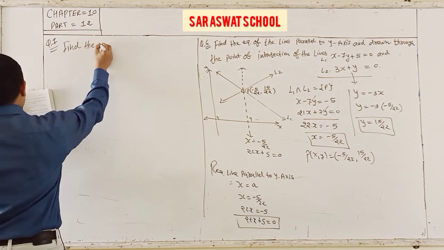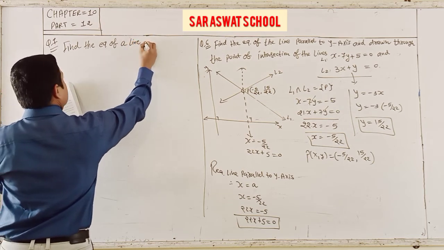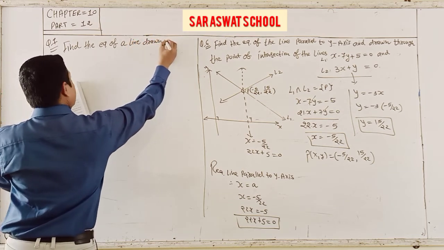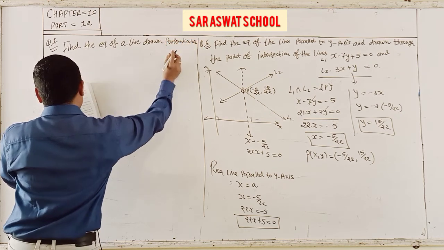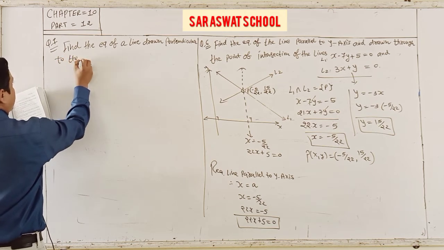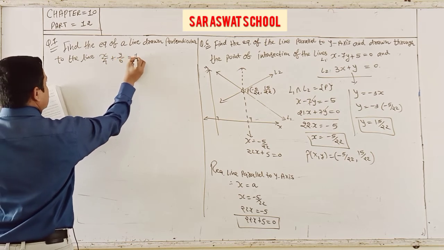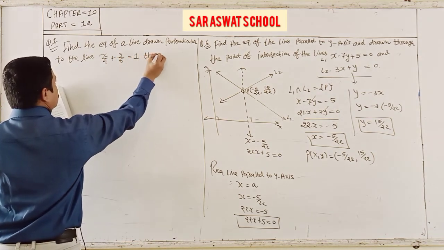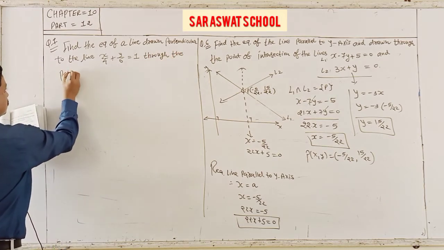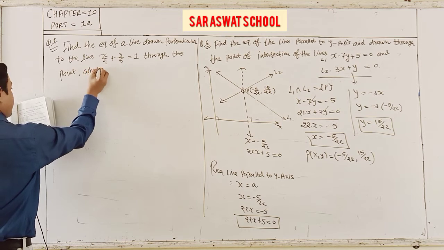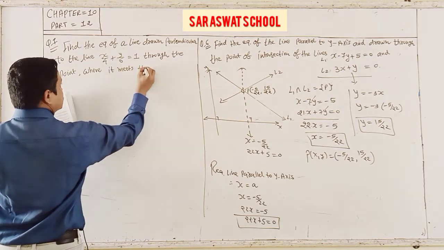Find the equation of a line drawn perpendicular to the line x by 4 plus y by 6 is equal to 1 through the point where it meets the y-axis.